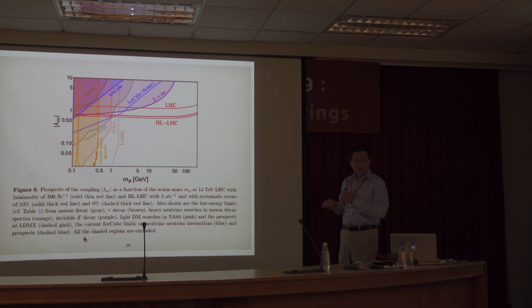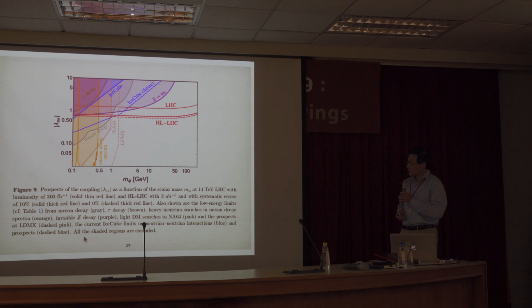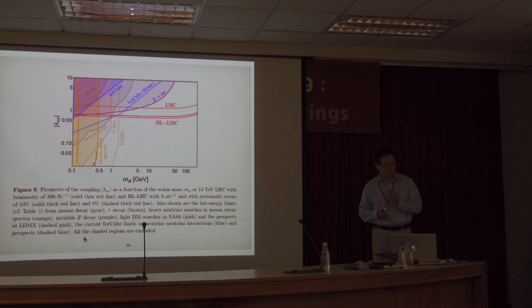Once again, it's similar to the previous conclusion. At low energies, all these low energy measurements already have sensitivity to this missing new particle, but at high energy, the LHC and the high-luminosity LHC will take over the sensitivity once this particle is a few GeV or above. So that's basically the conclusion.